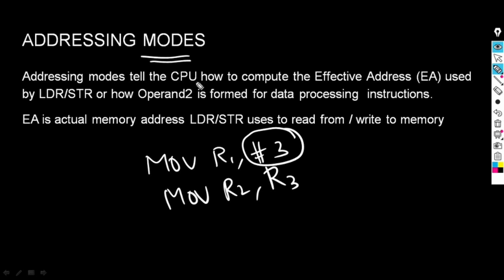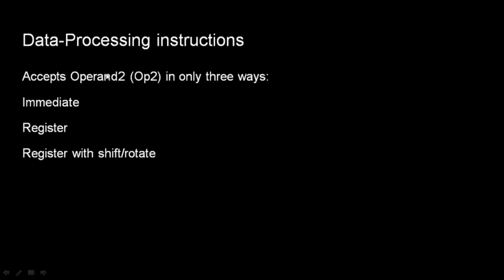So those are a few things you need to know about addressing modes. These are the different ways in which data processing instructions accept operand 2: immediate, register, and register with shift or rotate.